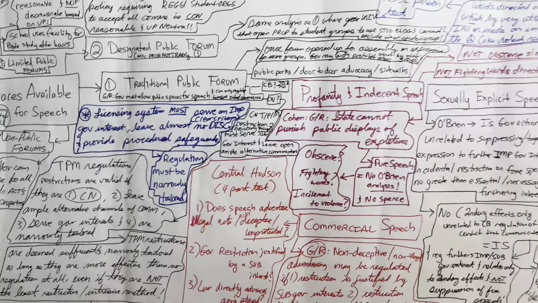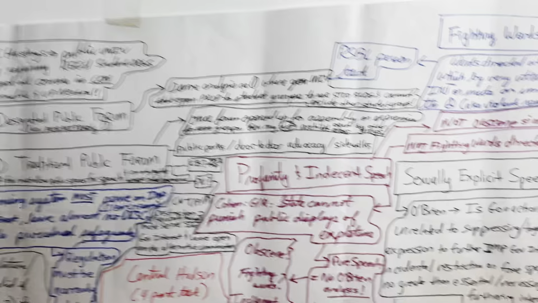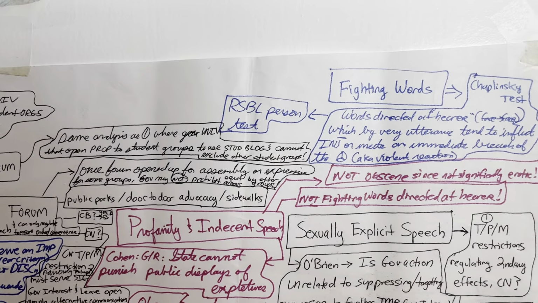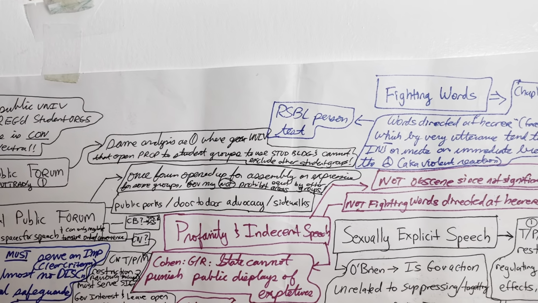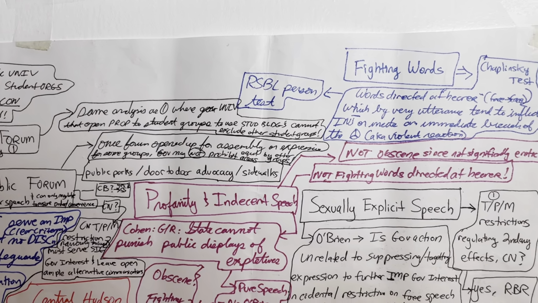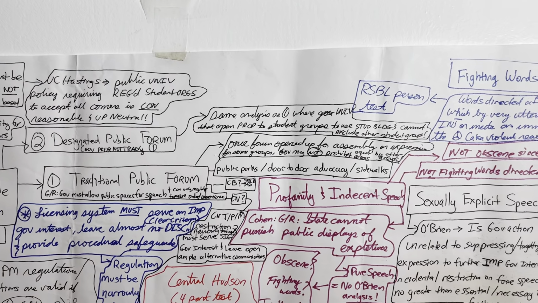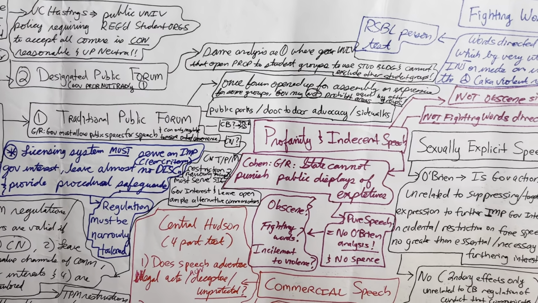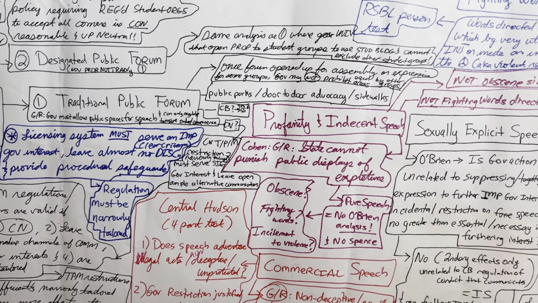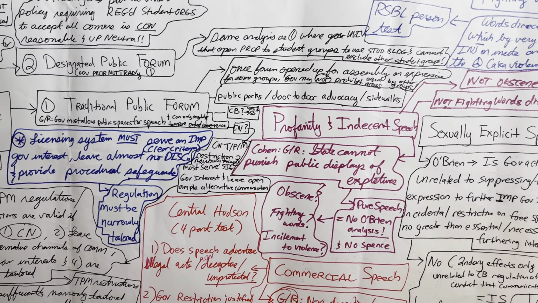Related to what we just talked about before in that other chart, here profanity and indecent speech. Remember, it's not obscene since not significantly erotic. If that's part of our case, fighting words are directed at the hearer usually. In Cohen, the general rule is that the state cannot punish public displays of expletives.